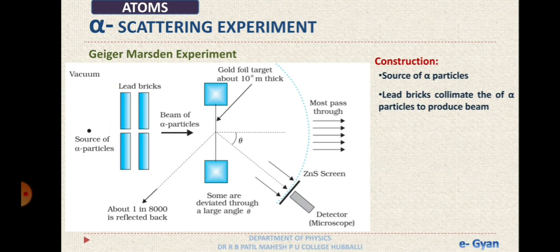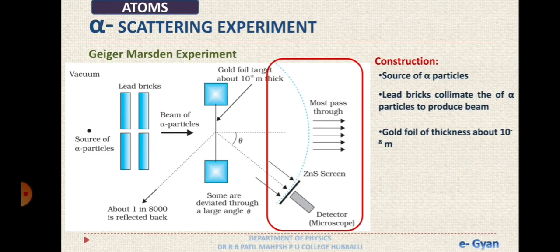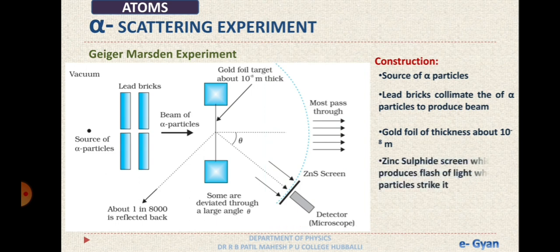The beam further falls on a gold foil of thickness 10 to the power of minus 8 meter, and after that we have a screen where a flash of light is produced when an alpha particle strikes it, and the screen is made of zinc sulfide.